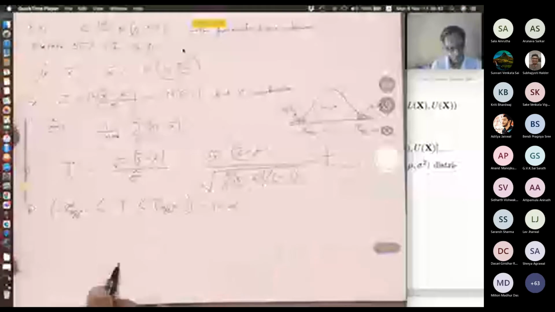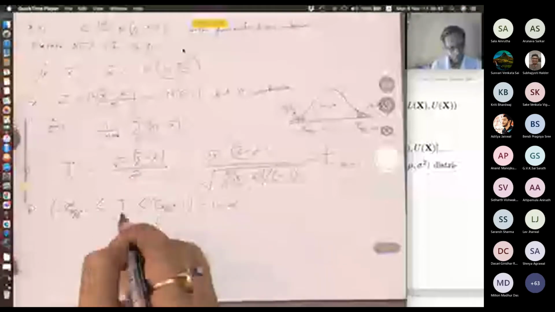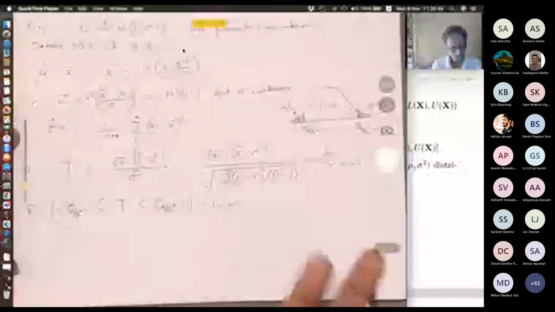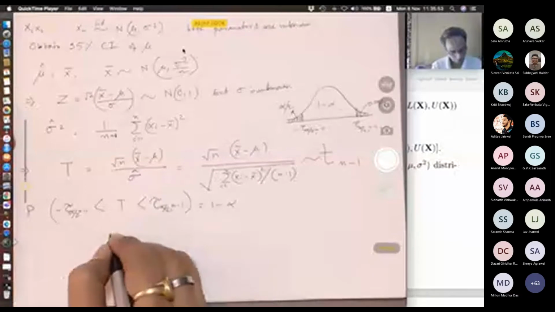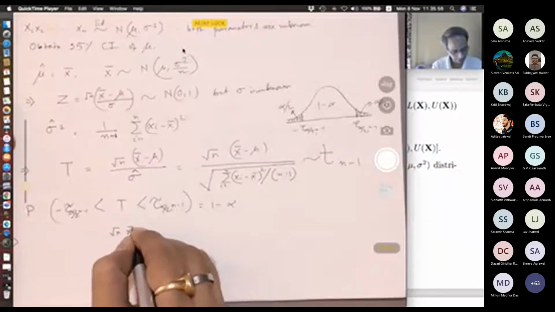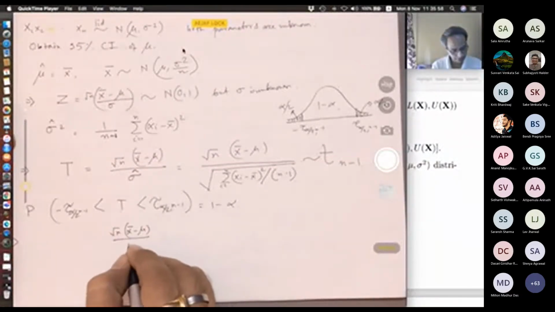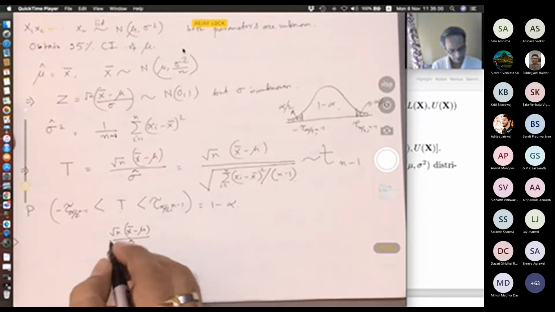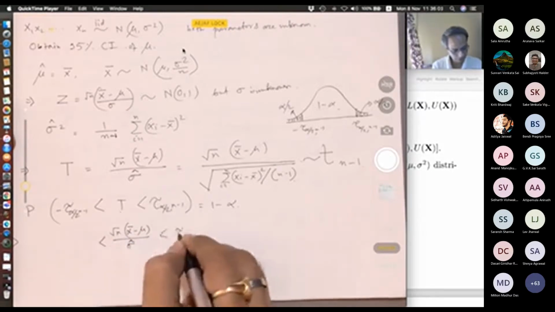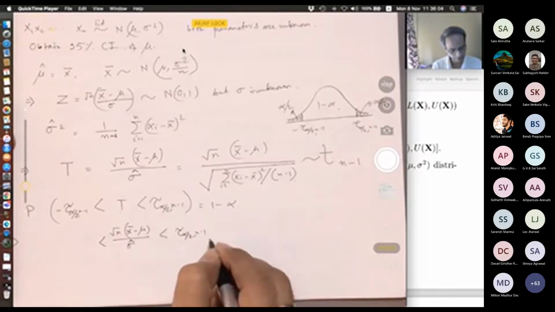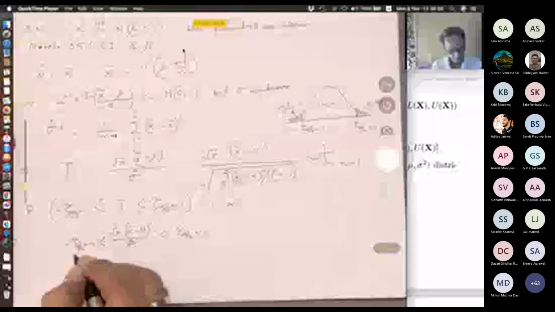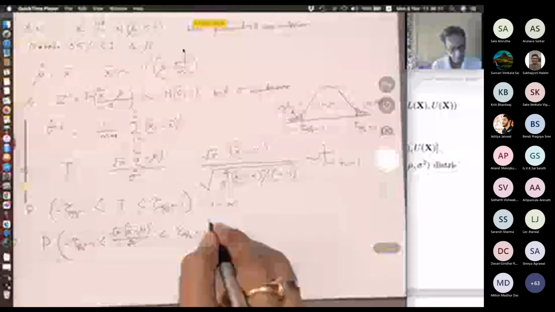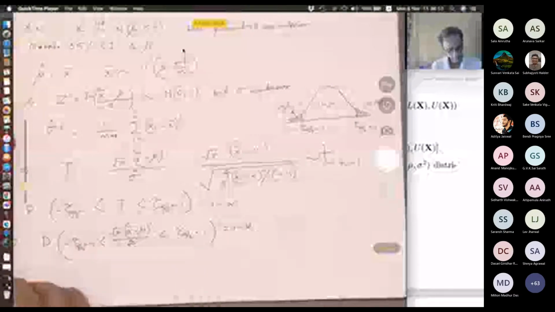As simple as that. Replace the value of t, do the side change, get the answer. So root n (x bar minus mu) by sigma hat lies between minus t alpha by 2, n-1 and t alpha by 2, n-1 with probability 1 minus alpha.